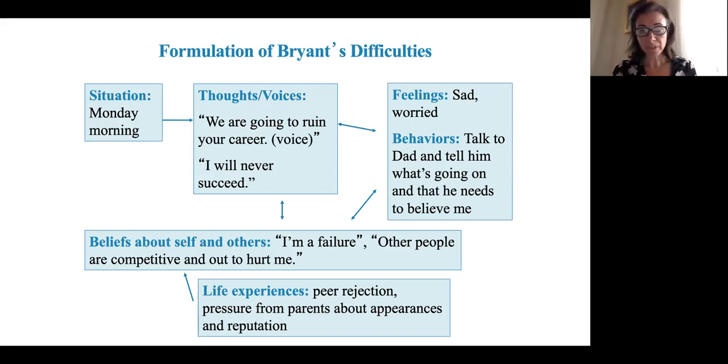So in CBT, you are probably also aware of this idea of core beliefs, or bigger beliefs that organize ideas about the self, the world, and others. That's what this box underneath is: what are the core ideas that he might hold at times that are giving rise to these negative automatic thoughts and the way he's interpreting things. Kind of like the glasses he puts on, his lens, the way he's looking at the world.